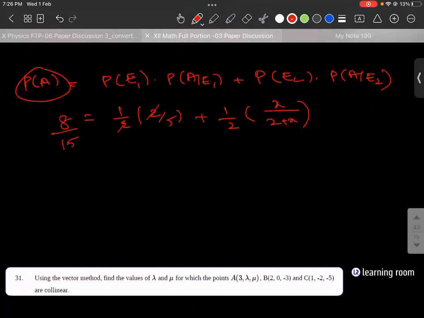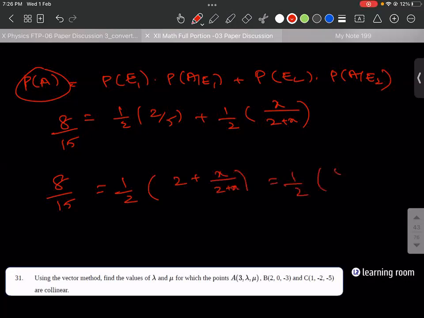So 2 and 2 will get cancelled. Okay, let me leave the 2 as it is. So 8 by 15 is equal to half into 2 plus X by 2 plus X. So half into 4 plus 3X divided by 2 plus X is 8 by 15.